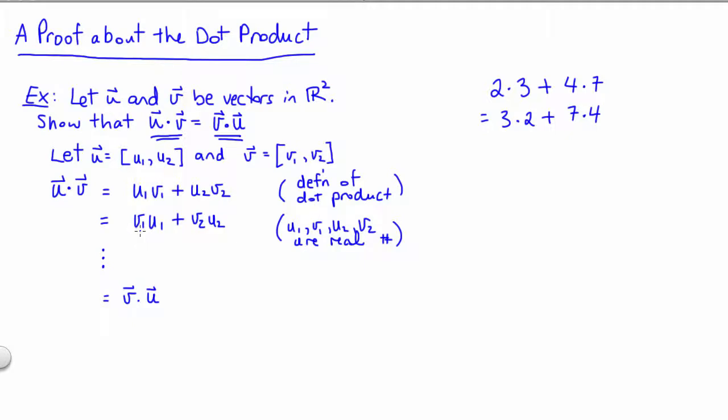Now continuing our proof, we've got v1 u1 plus v2 u2, and we eventually want to show that this is equal to v dot u. Now all we need is one final step to connect these quantities.